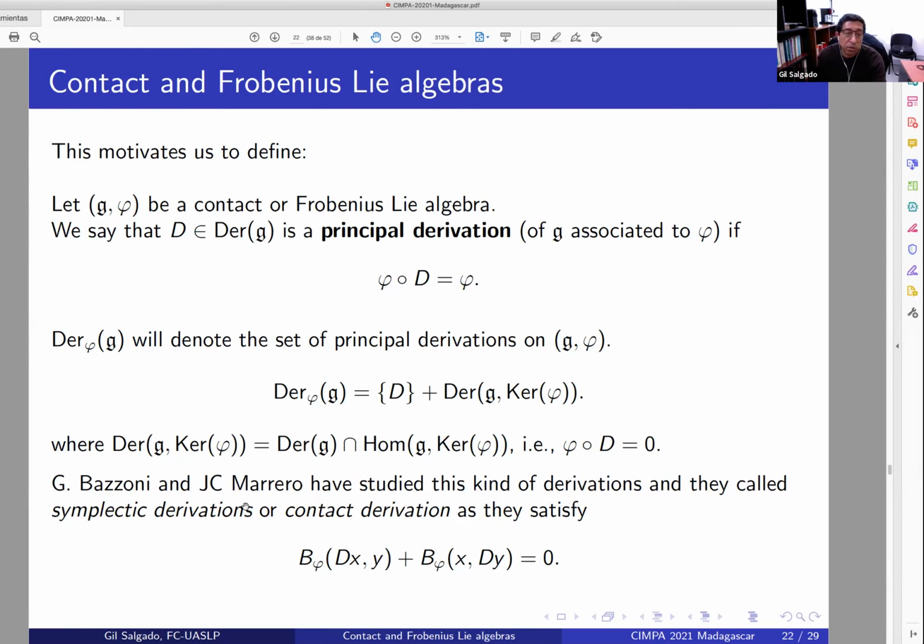So yes, you can look in the work of Juan Carlos Marrero, and you will quickly find these two or three works in this direction. And do you know why they are studying that? Well, they are geometers.